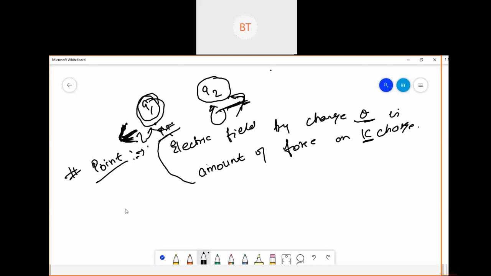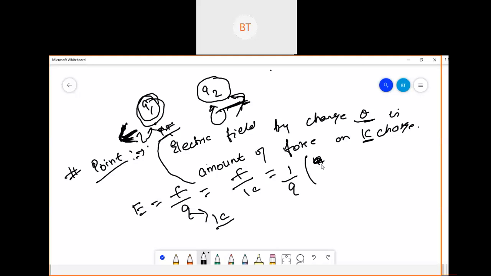Based on this definition, I'll derive this. We are already aware that E is equal to F by Q, where F is force and Q is the charge. This Q is replaced by one coulomb charge, so I'll put F by 1 C. The value of F we are already knowing, from Coulomb's law: 1 by 4 pi epsilon naught into Q by R square.